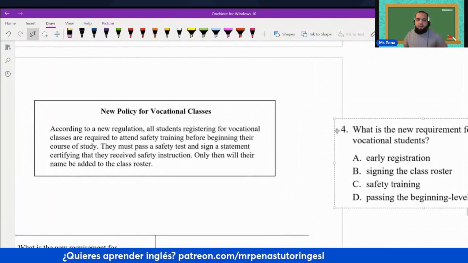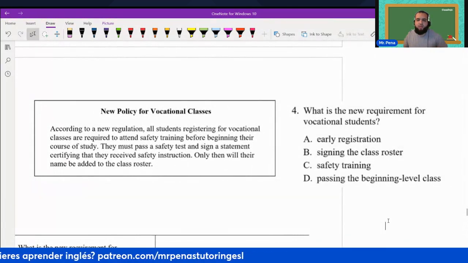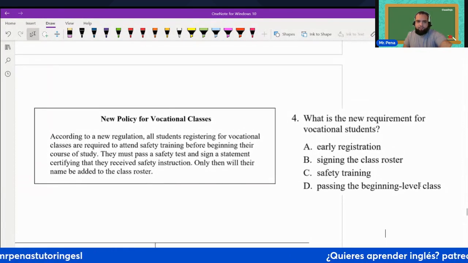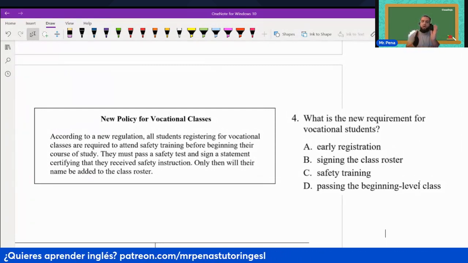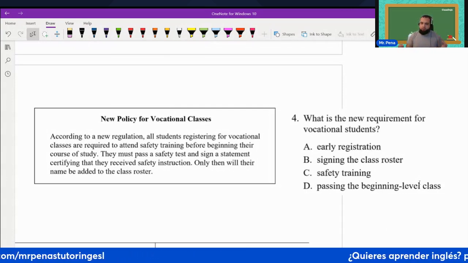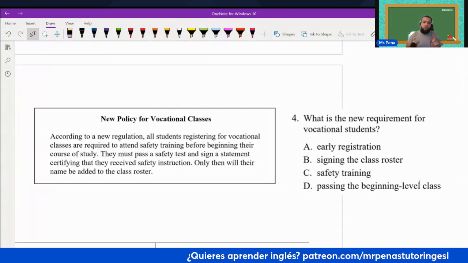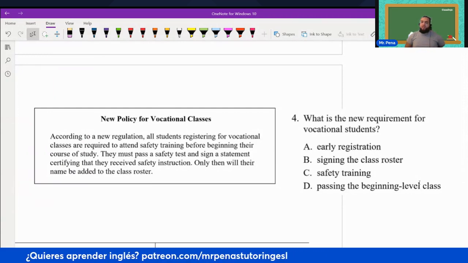This is the new policy for vocational classes. This is a reading passage called New Policy for Vocational Classes. According to a new regulation, all students registering for vocational classes are required to attend safety training before beginning their course of study.